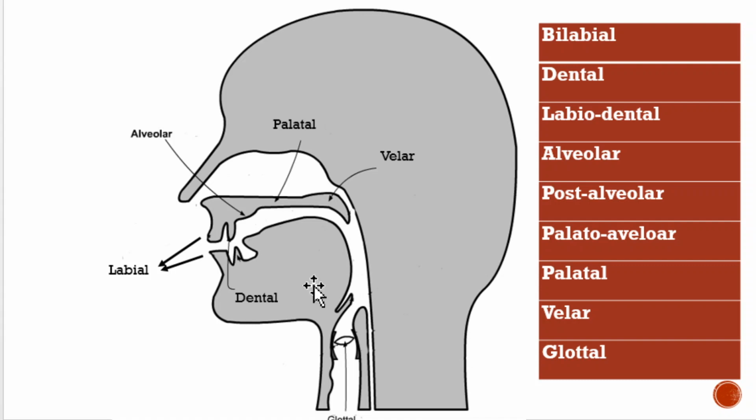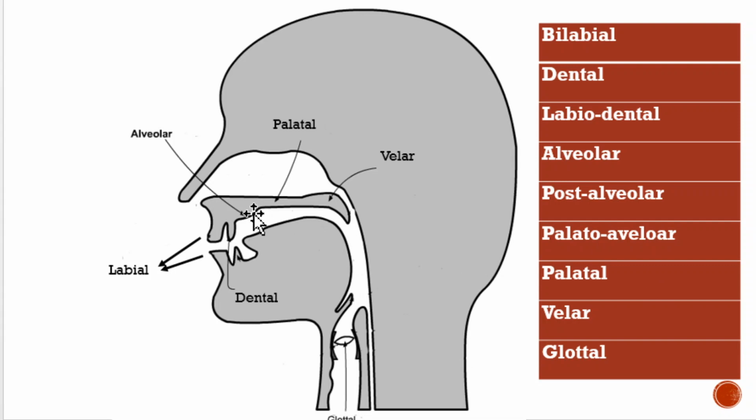So here, to make it more clear or to commit it to your memory, you have bilabial sounds involving both lips, labial to labium, bilabial. Dental, your tongue and the upper teeth. Labiodental, your lower lip and the upper teeth. Alveolar, tongue against the alveolar ridge. Post-alveolar, tongue moving a little beyond the alveolar ridge, somewhere here.